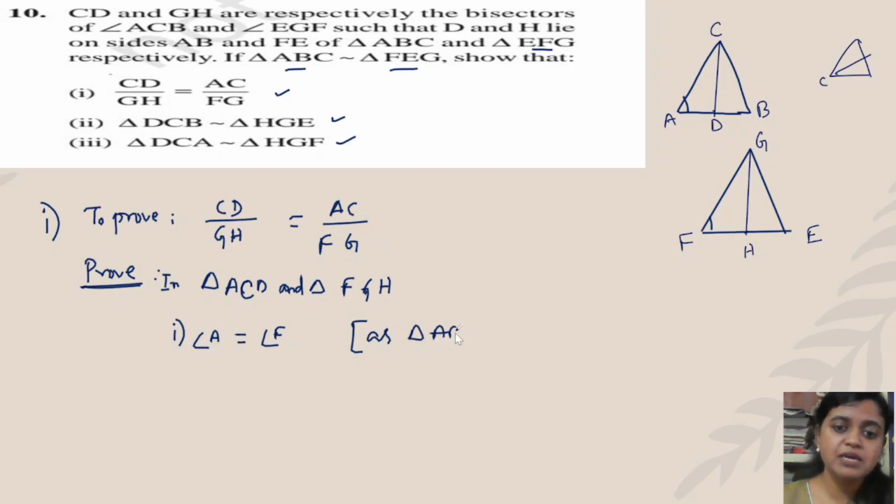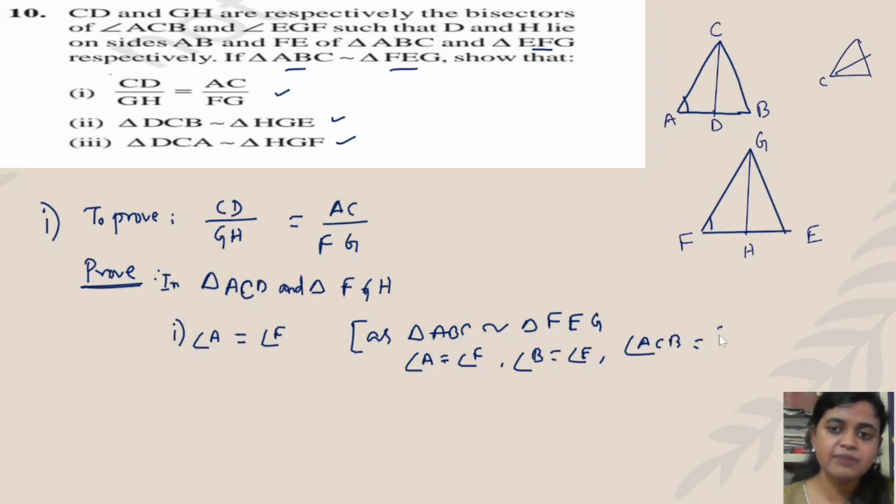So we can write angle A equals angle F, angle B equals angle E, and angle ACB equals angle FGE.